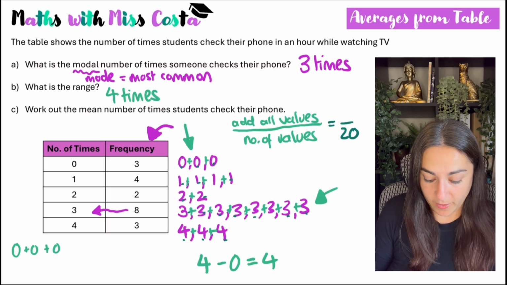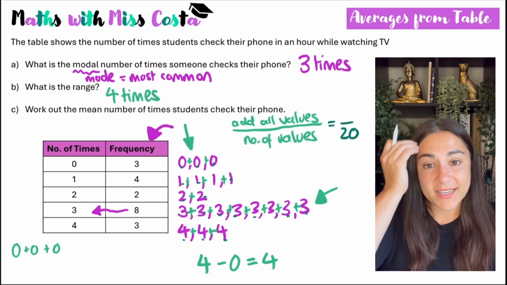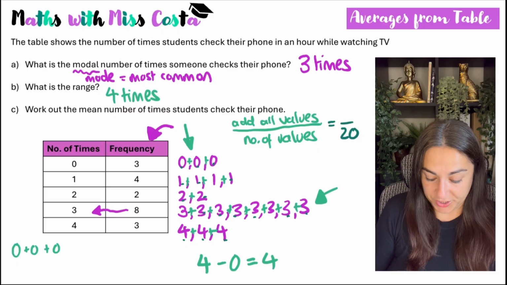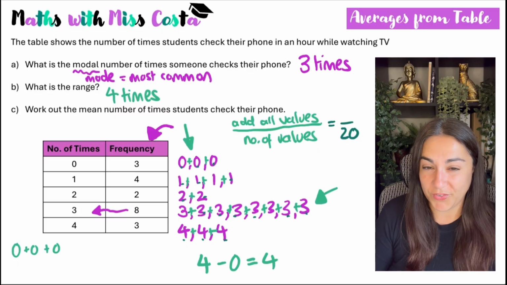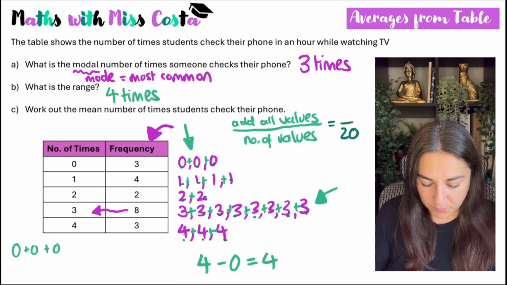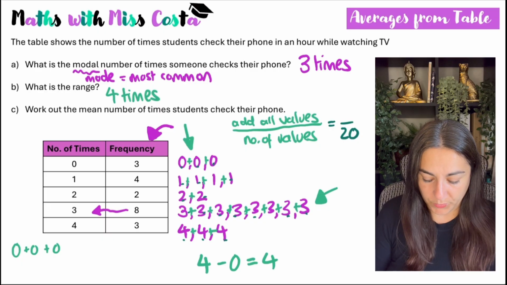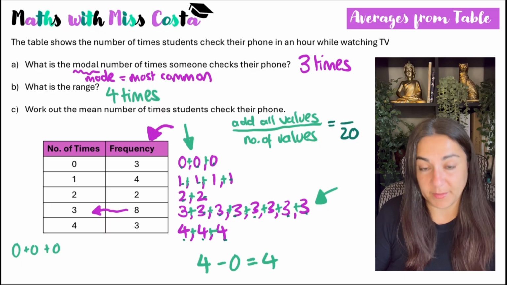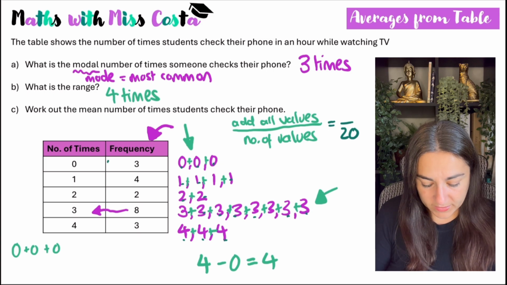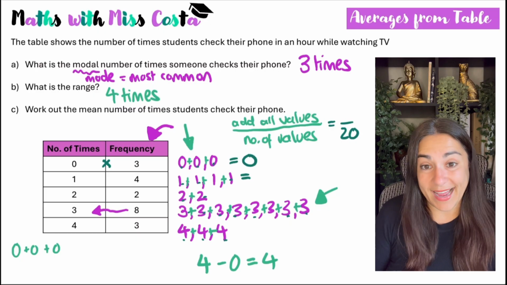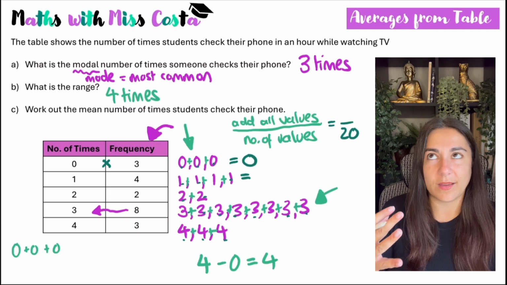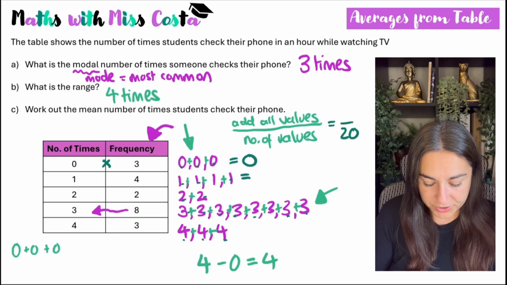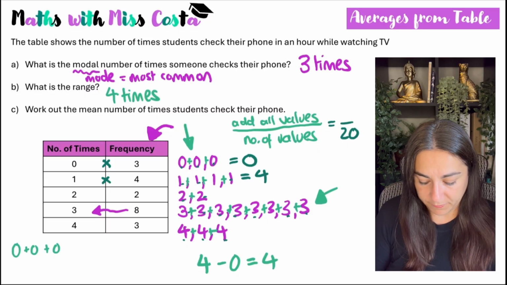So I can add it up individually, or because I know that repeated addition is the same as multiplication, I can use a shortcut. So my shortcut would tell me the total frequency, or the total amount of times it's been picked up. So 3 people pick their phone up 0 times. So 3 times 0 is 0. Here I could add 4 times, or I could just do 4 times 1, which is 4.